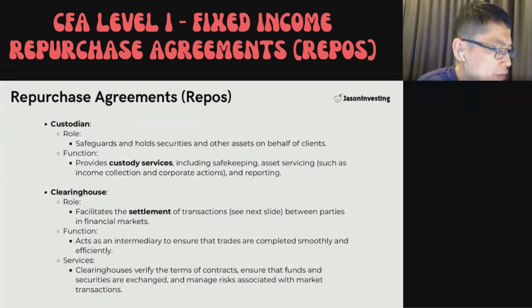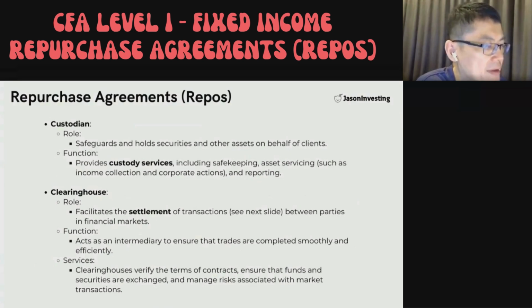The clearinghouse also offers the service of verifying the terms of the contracts, ensuring that the funds and the securities are exchanged. This is the settlement part, along with managing risks associated with market transactions. Managing risk is the daily margining that the clearinghouse partakes in to decrease the risk of default.